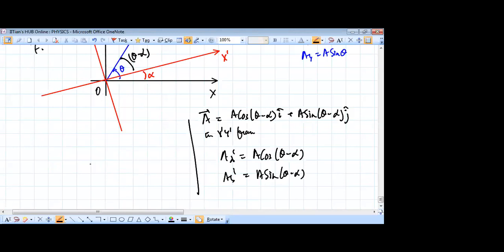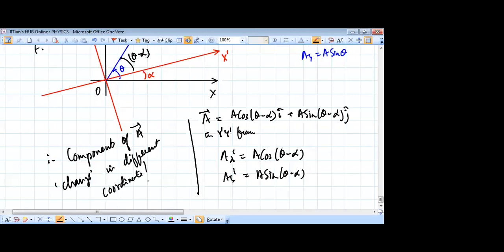So if you look at the two frames, you will see that therefore components of the vector E change in the different coordinate frame. But the magnitude of E, that remains same.